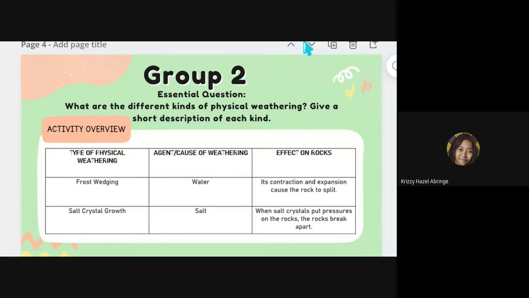And in the salt crystal growth, its agent is salt, and when the salt crystals grow, they put pressure on the rocks, and the rock breaks apart.